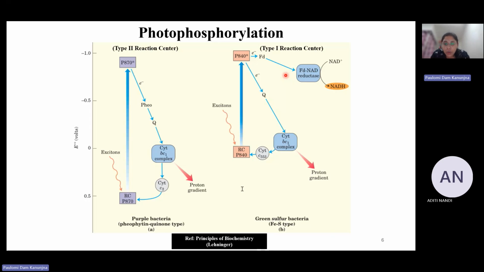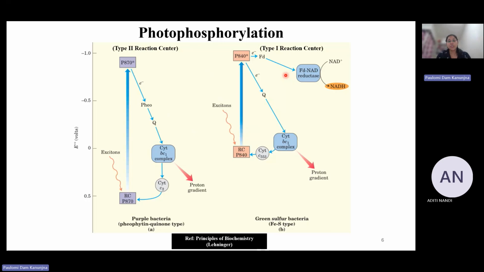So there is a cyclic route that passes through quinone and the cytochrome BC complex, and then back to the reaction center via cytochrome C553. But there is also a non-cyclic route from the reaction center, via this FeS protein ferredoxin, and that is what leads to the formation of NADH. Okay, so you need to remember that type 1 has both cyclic and non-cyclic. The one that is non-cyclic is giving rise to the NADH.